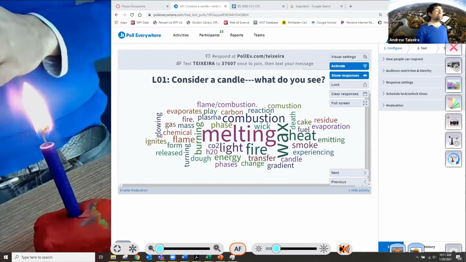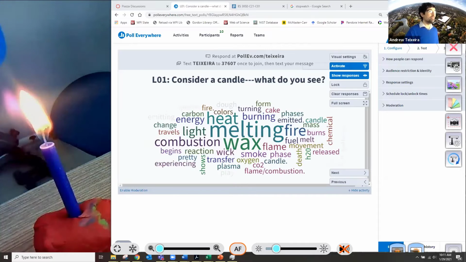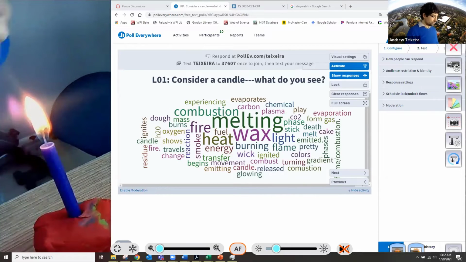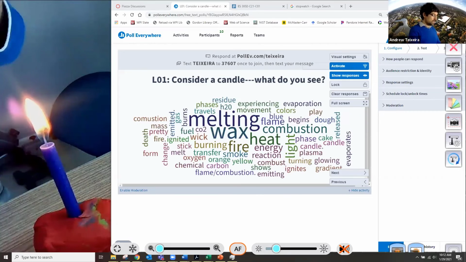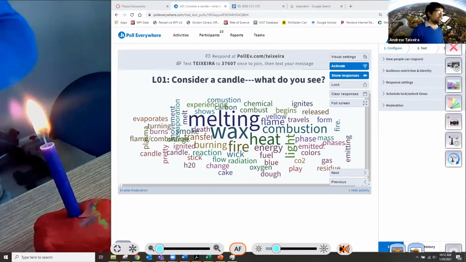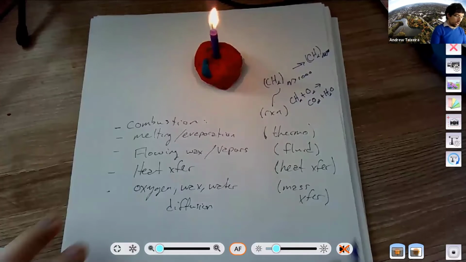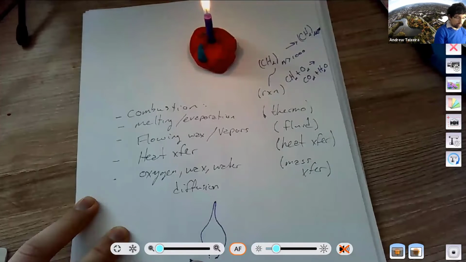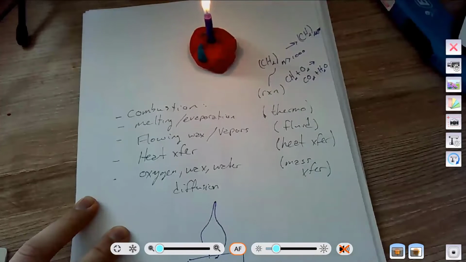How about in terms of transport and the courses you've taken with respect to kinetics, heat, mass, fluids, thermo, any of that stuff? If you might draw a picture, let me try to draw a flame. I have a quick question.